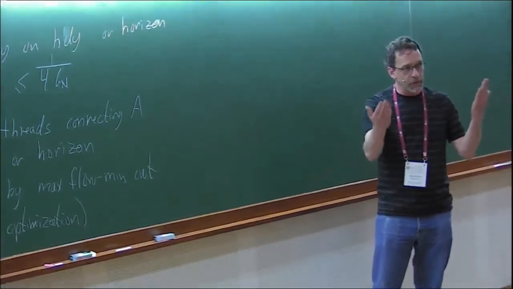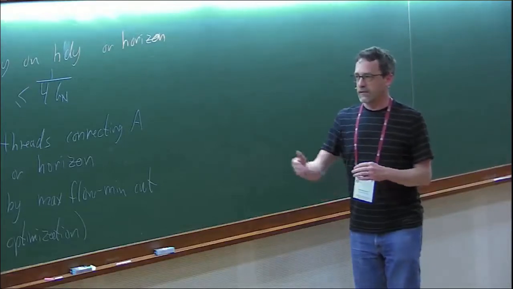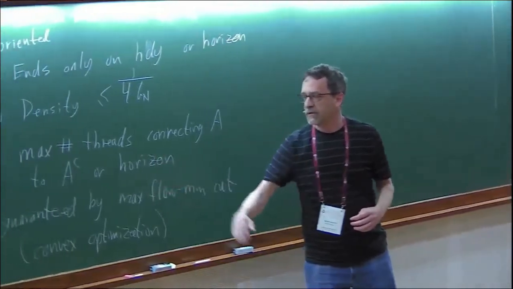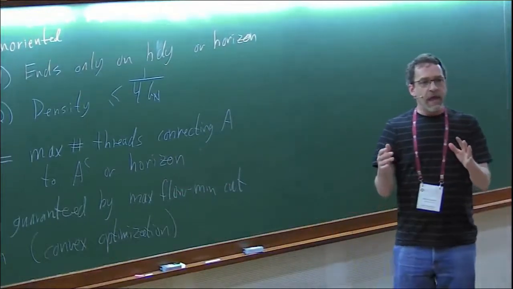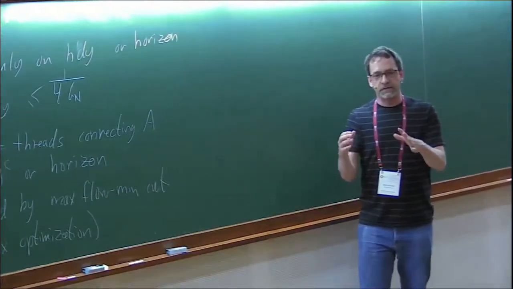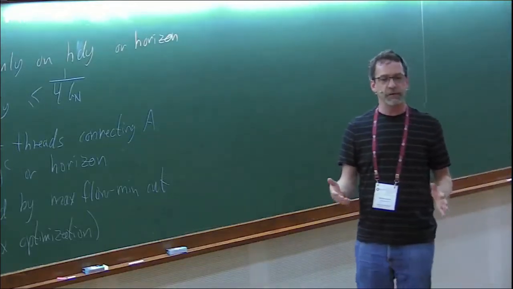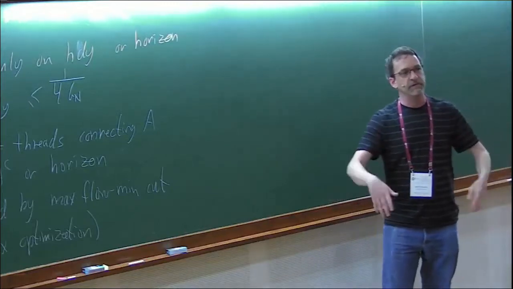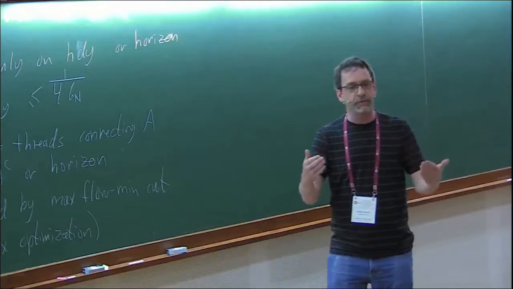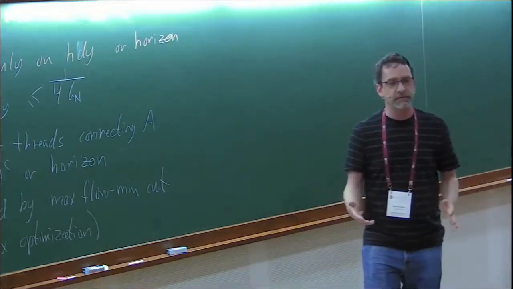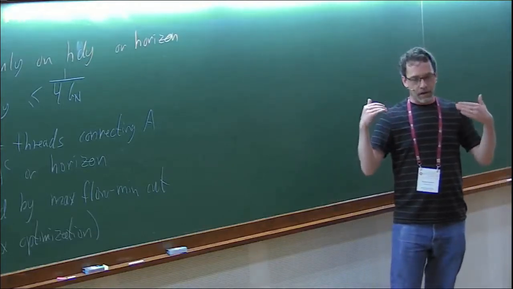Max flow min cut is an example where you relate a minimization to a maximization problem, and it works in a way which is actually very familiar to us physicists: you have some constraints and you impose those constraints using Lagrange multipliers, and then you solve for your original variables and you're left with the problem in terms of your Lagrange multipliers.